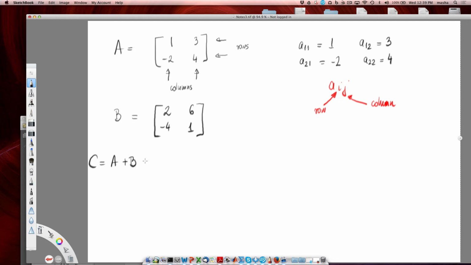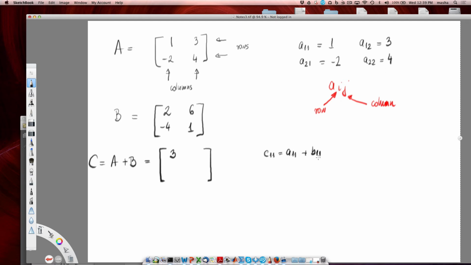So if I were to come up with A plus B, and I'm going to call that C, how would we do that? You would just add A11 and B11. So 1 plus 2 is 3. Formally, I said that C11 is A11 plus B11.